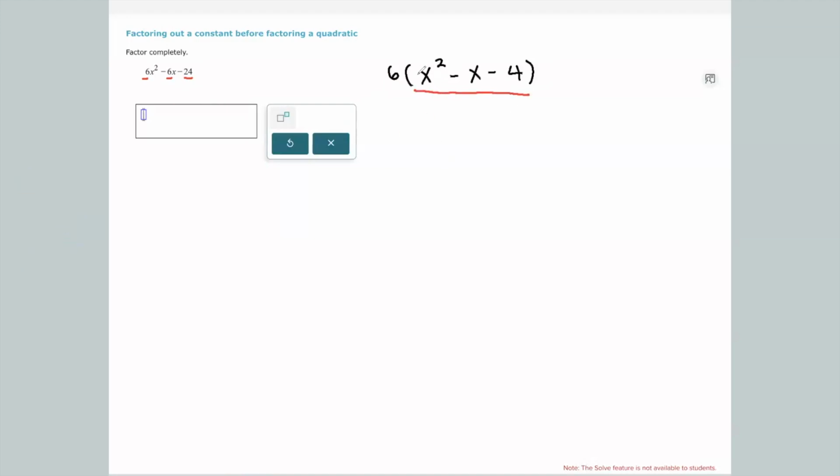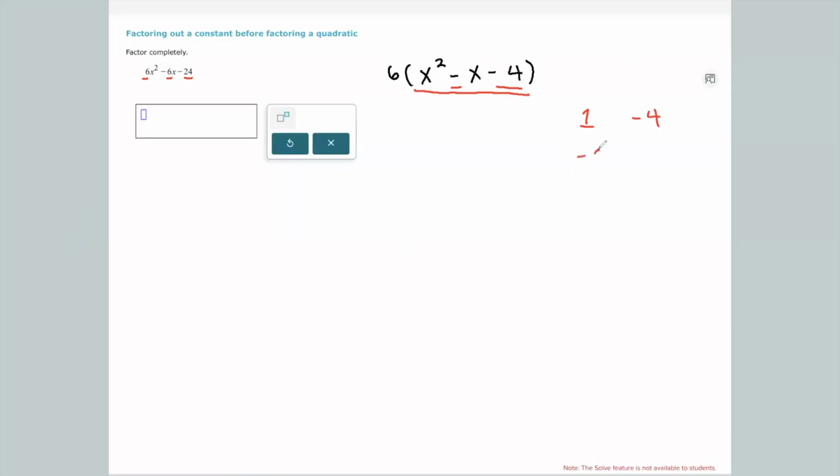Again, the coefficient on x squared is 1, so I just need two numbers that multiply to negative 4, add to negative 1. So let's think about what we could do here. So two numbers that multiply to negative 4. Well, I could have 1 and negative 4, but when I add those, I get negative 3.